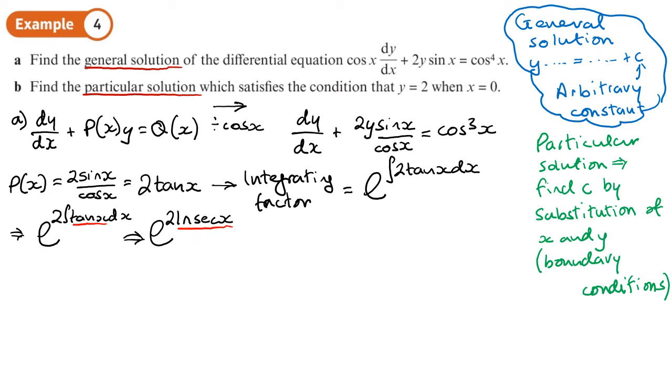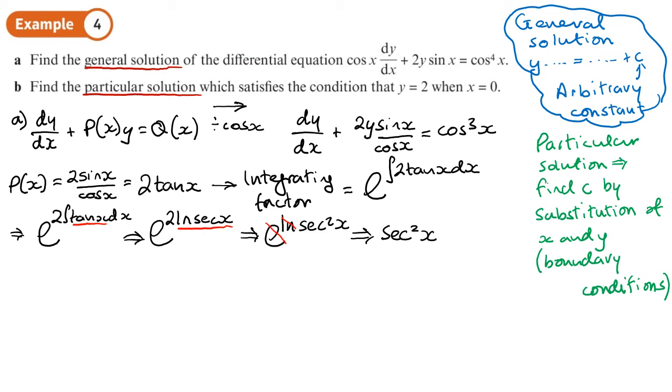The 2 at the front, which is here, we can write as a power, so that will enable us to cancel out the e and a log. So I'll have natural log sec squared x. So these cancel out. So my integrating factor will just be sec squared x. Sec squared x is my integrating factor.